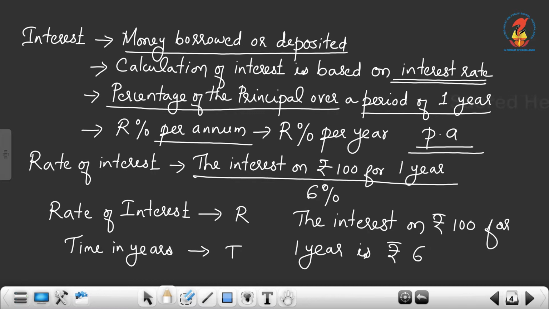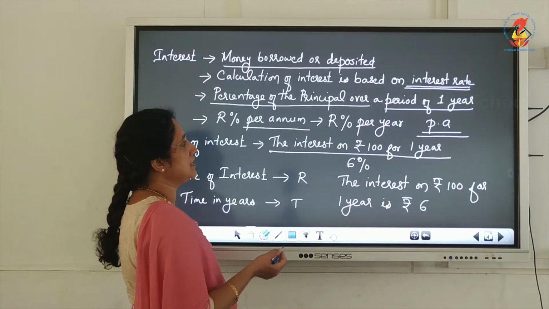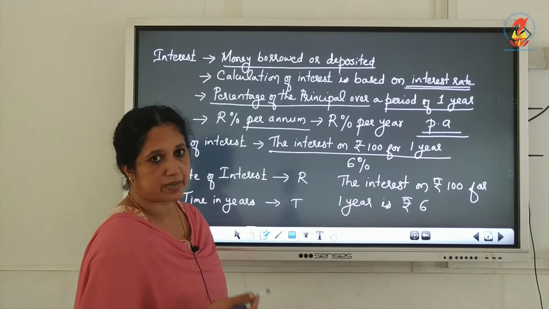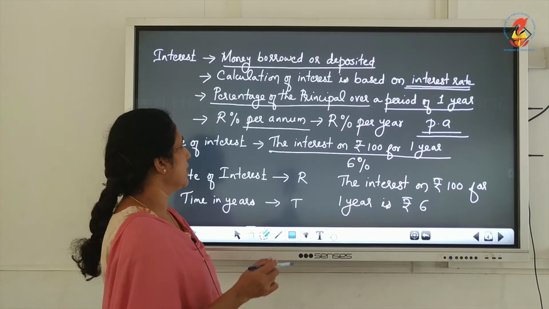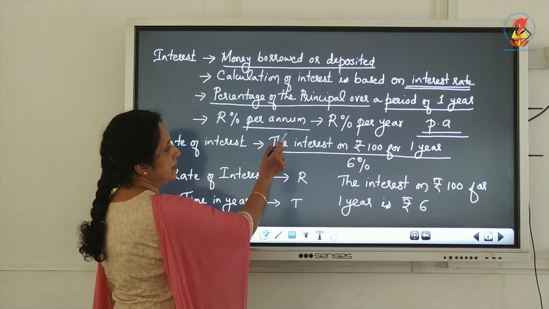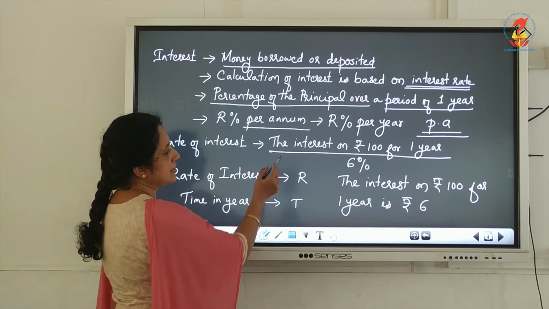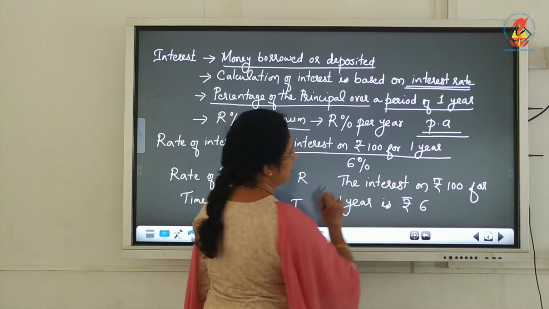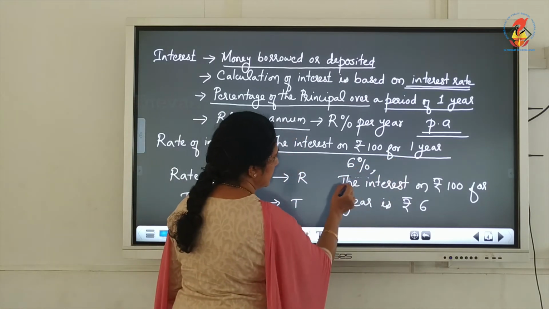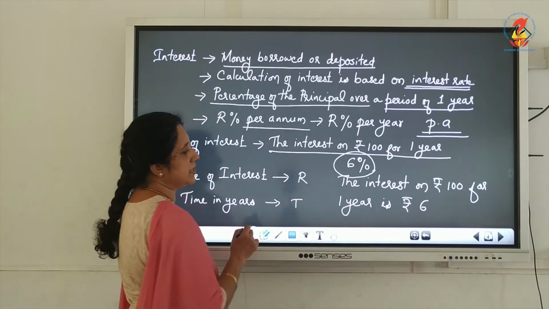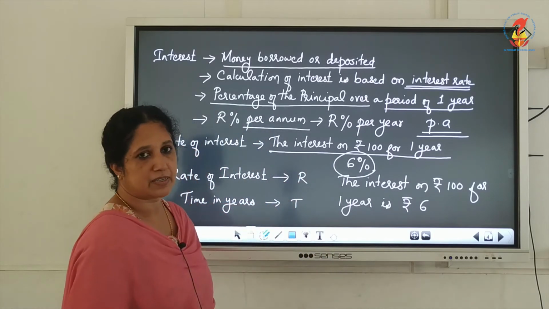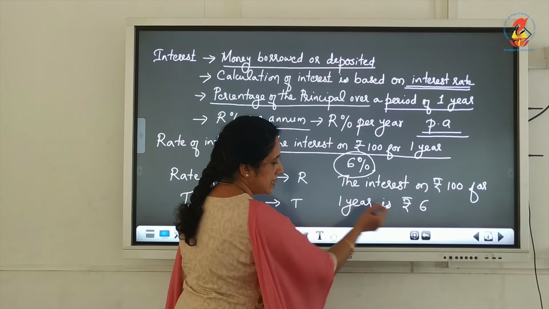So in order to calculate the interest, we have to know the interest rate, which is given as a percentage of the principal over a period of 1 year, R% per annum. If the rate of interest is 6%, it means the interest on rupees 100 for 1 year is rupees 6.